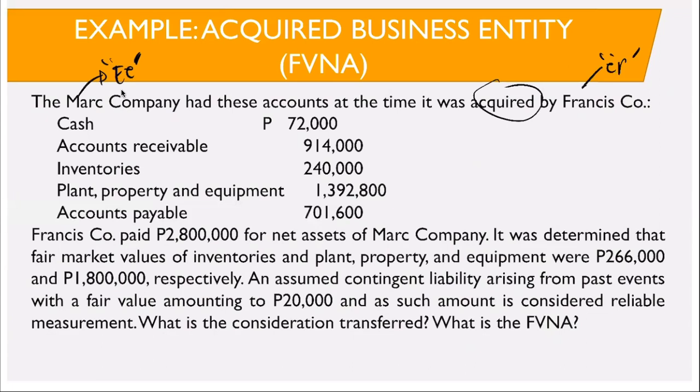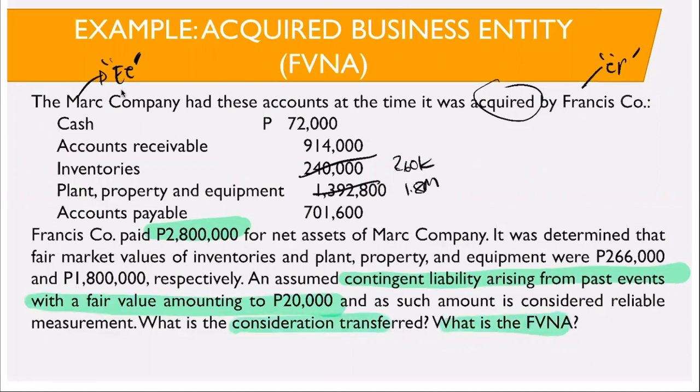It was determined the fair market values of inventories and PPE were 260 and 1.8. So inventory is 260,000 and PPE is 1.8 million. An assumed contingent liability arising from past events with fair value of 20,000. What is the consideration transferred and what is the FVNA?